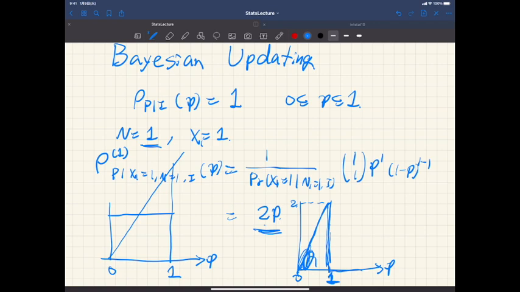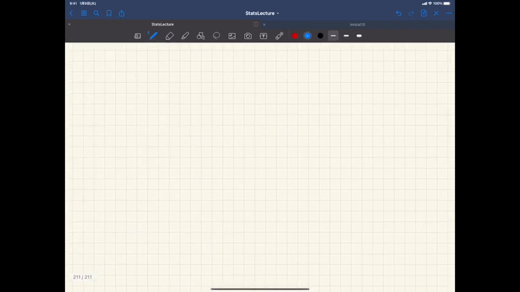Now we can use this posterior probability as a prior distribution for the next step. We flip a coin once again, and suppose we got a tail. So now we have the second toss, only one toss, and we got a tail.